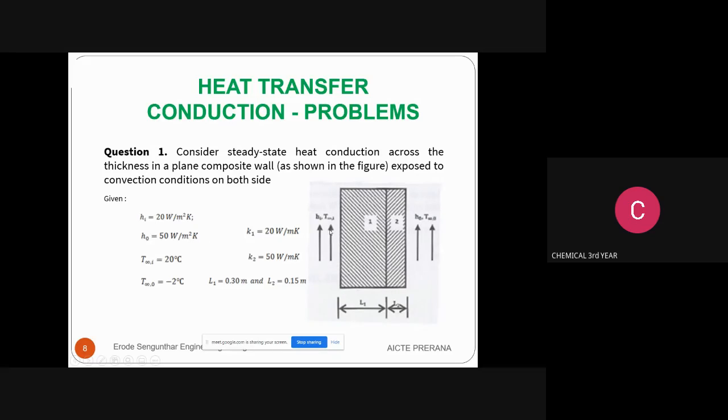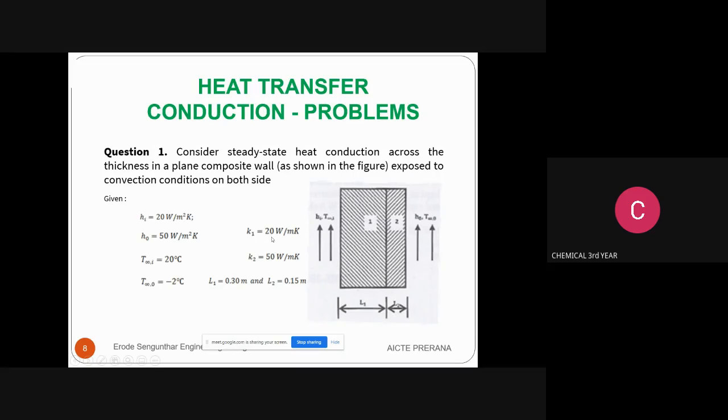The temperature at the entrance point is 20 degrees Celsius, and the temperature at the exit point is minus 2 degrees Celsius. So the temperature while touching the solid body is 20 degrees Celsius, and after passing through it, on reaching the exit point, it is minus 2 degrees Celsius.